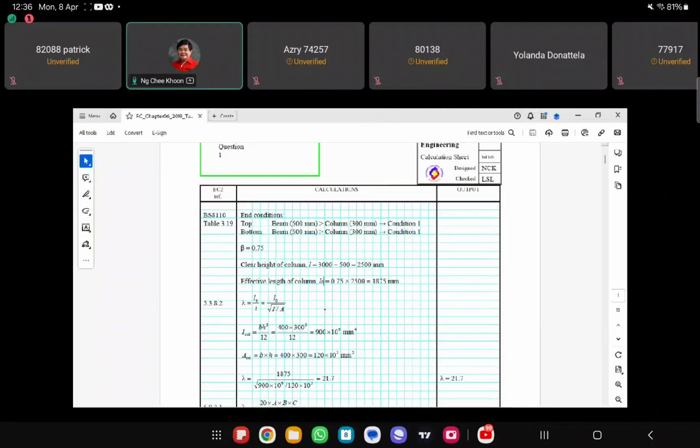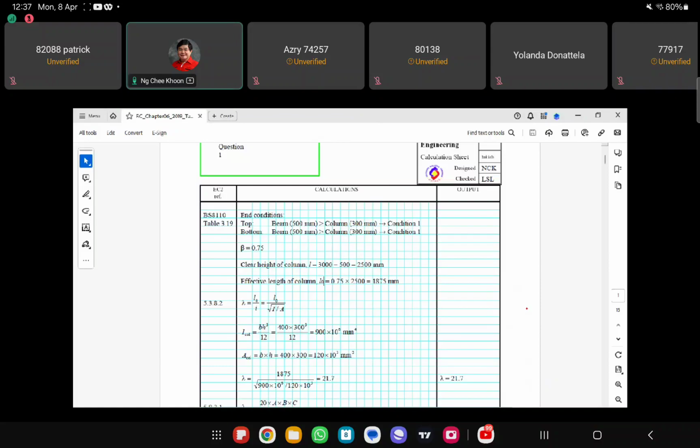So this one is this beam and this beam with depth of 500. If you look from this side, the actual height is 3 meter. So from here to here is 3 meter.